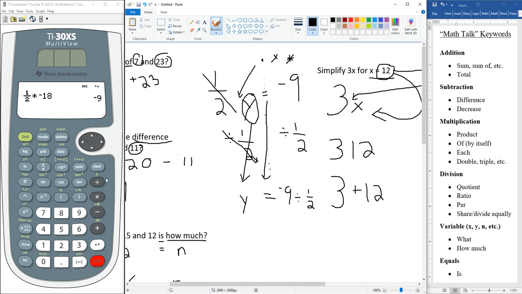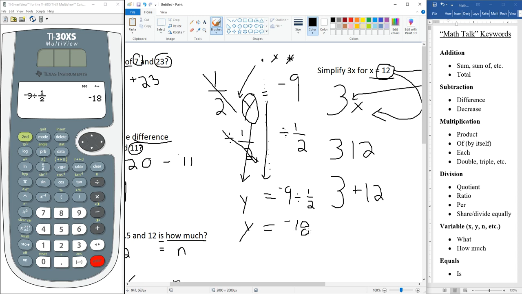So let's put that in the calculator, and it's going to equal negative 18, just like it did in the other problem. We'll see when it's important to use these parentheses when we go to check it. Negative 18, perfect. So y equals negative 18.